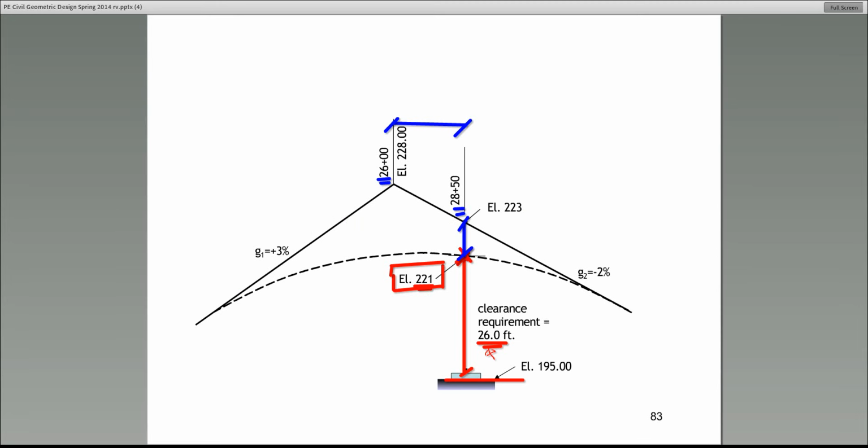The longer the length of the curve, the flatter the vertical curve becomes. So to ensure that we have at least 26 feet of clearance, we need to make it shorter.